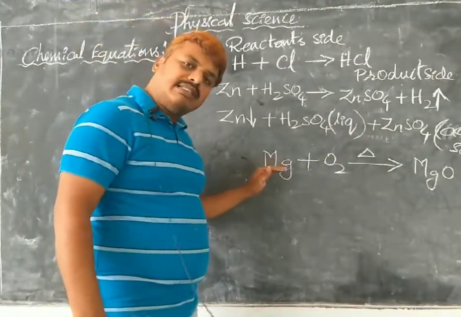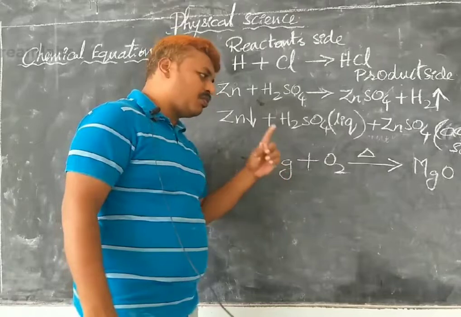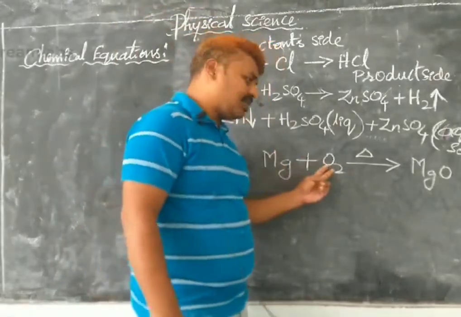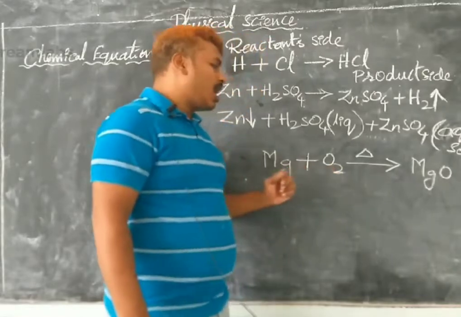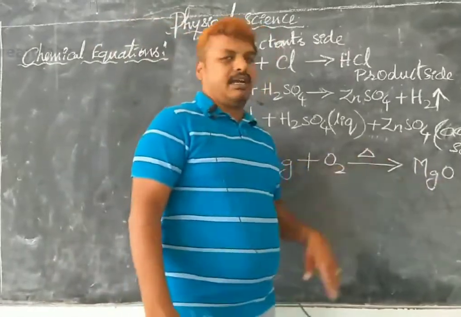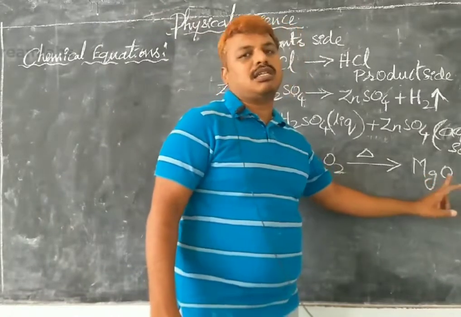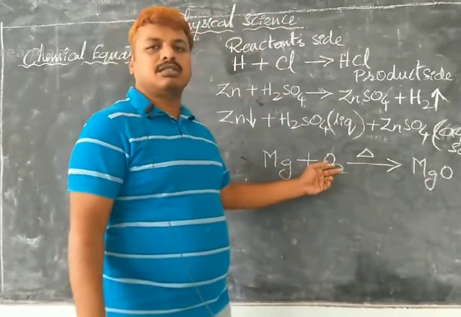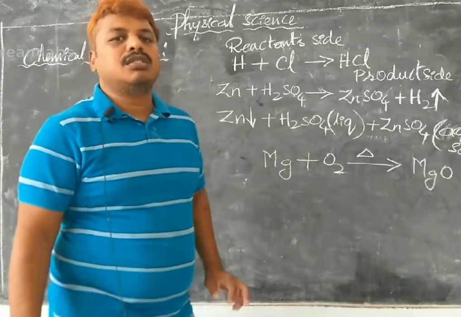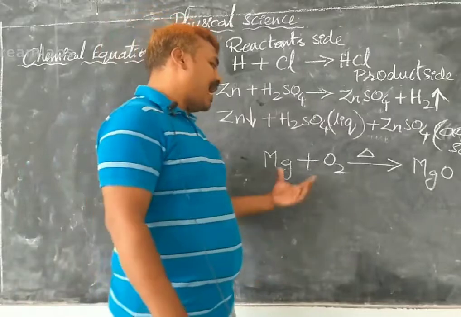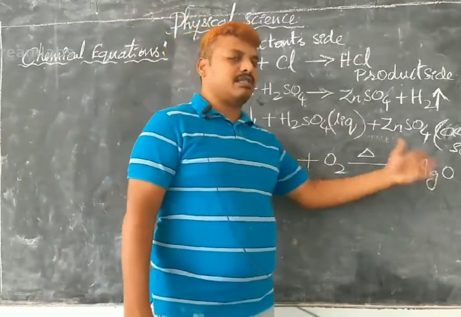Here on the reactants side, if you see, magnesium is only one atom, and oxygen has two oxygen atoms. Are you observing? Now when it comes to the product side, you have only one magnesium and only one oxygen. What about the two oxygens? Where has it gone? So for this clarity, you need to balance the reactants side and the product side.